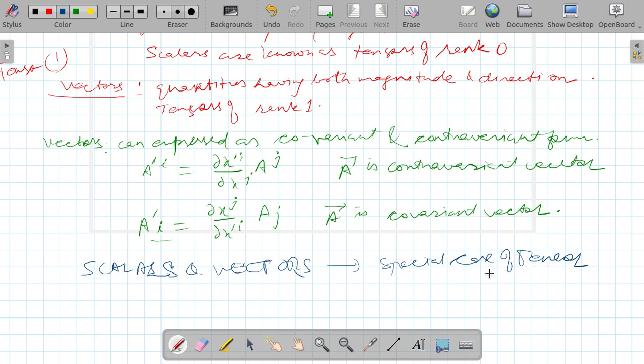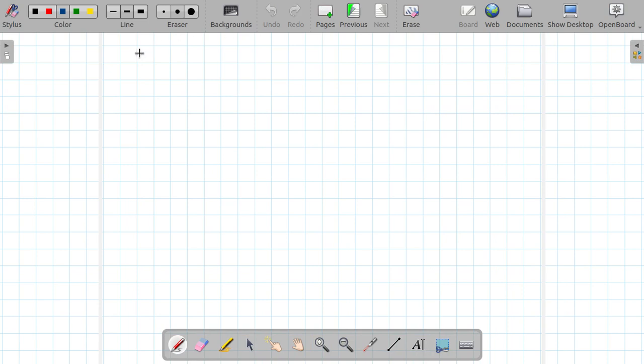Now let us talk about tensors. First of all, I will talk about the mathematical definition of tensor, and then with the help of some examples I will talk about it.